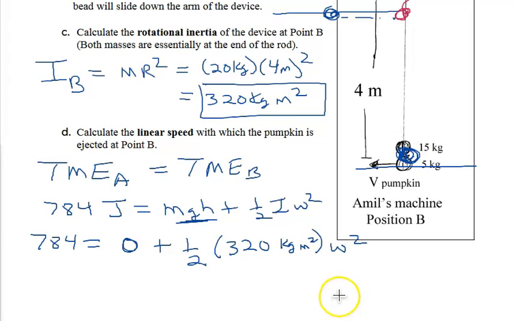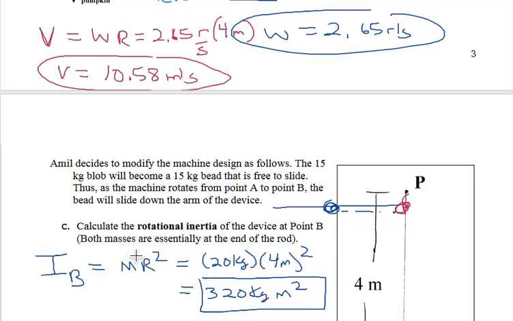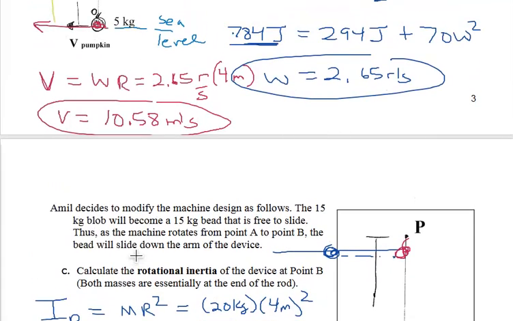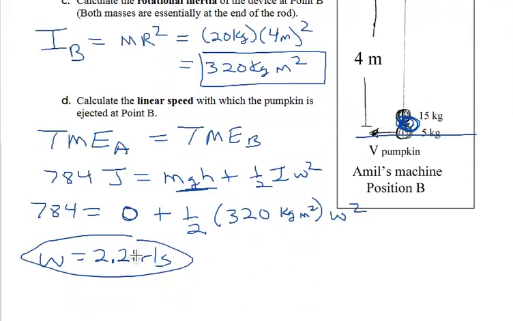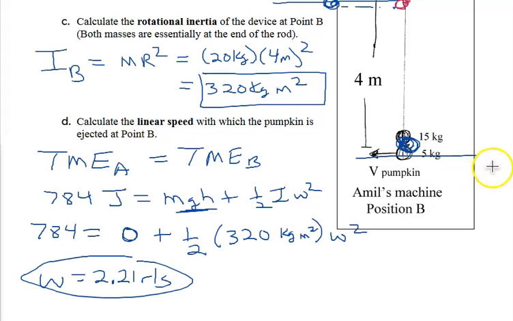Okay, so then you get omega equals 2.21 radians per second. That's not quite the final answer, but it's a little bit worse, right? 2.65 turned into 2.21.